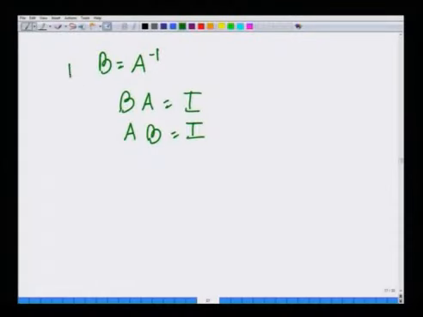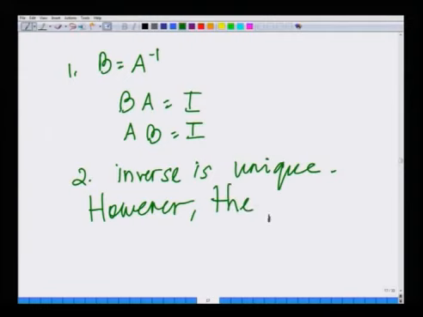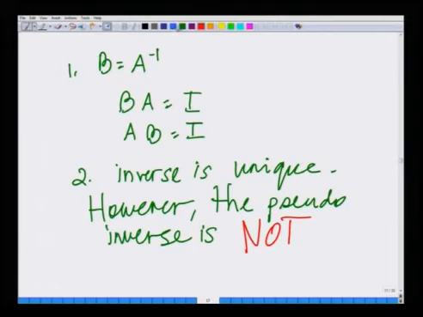The second point is that the inverse is unique, however, the pseudo inverse is not unique, hence this is not an inverse.